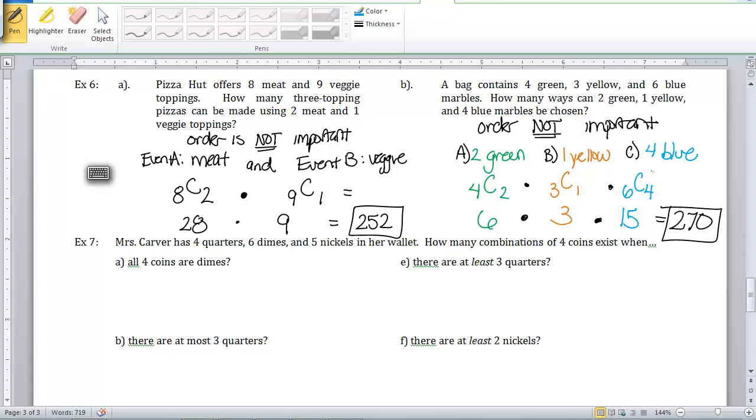And in C, I needed 4 blue from 6. I did a combination because it didn't matter the order I chose them in. And so when I calculated each combination, 6 times 3 times 15, since I need all events to happen, is 270. Please now pause the video and complete all of example 7. When you are done, check your answers with the video.